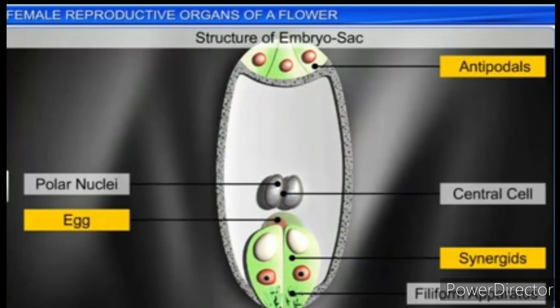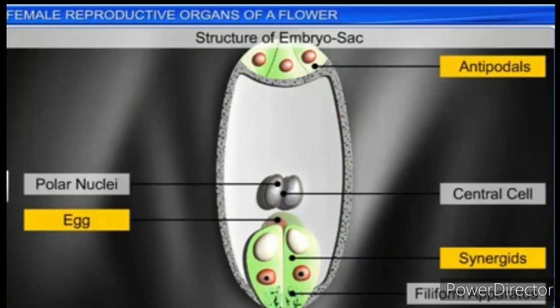In the embryo sac, or female gametophyte, listen one more time to the arrangement. Near the chalazal region, 3 cells are the antipodal cells, and in the micropylar region, 3 cells form the egg apparatus.